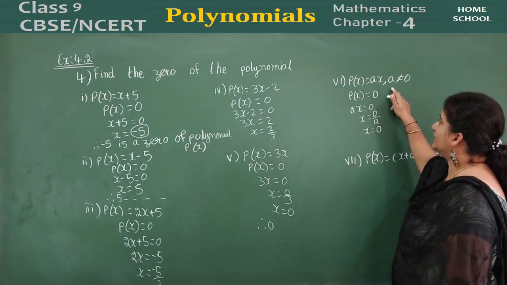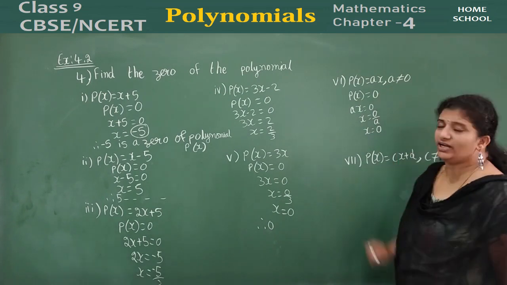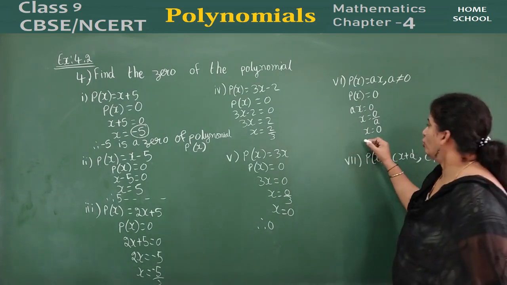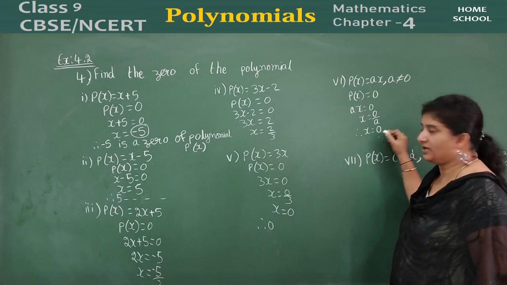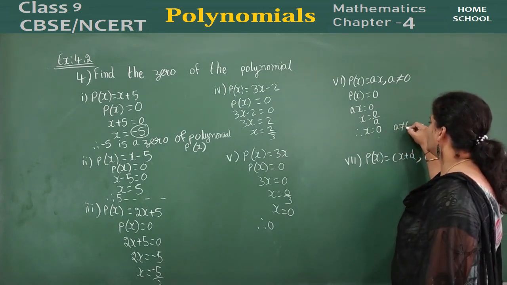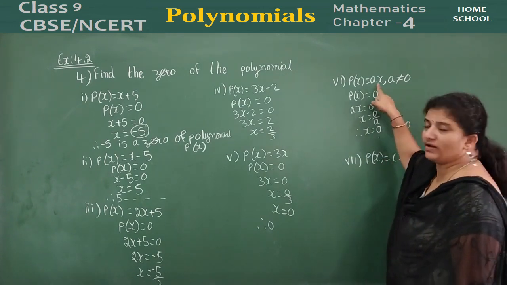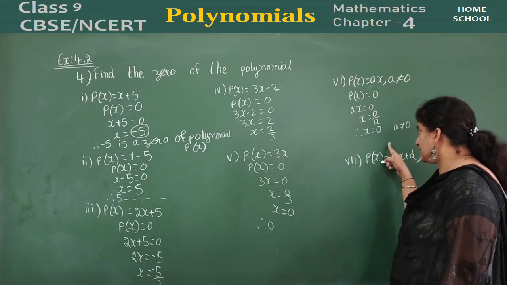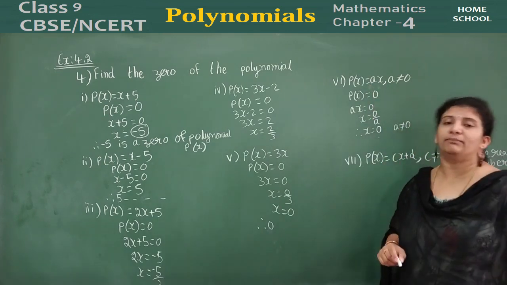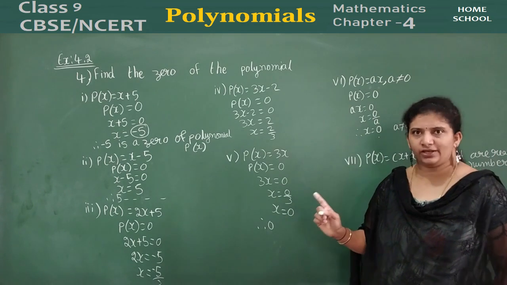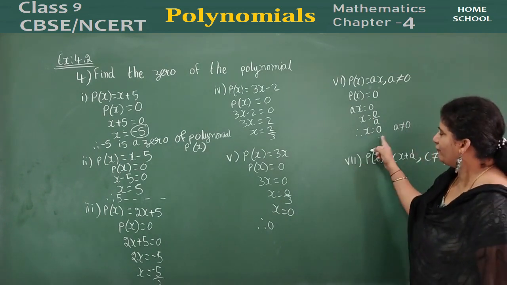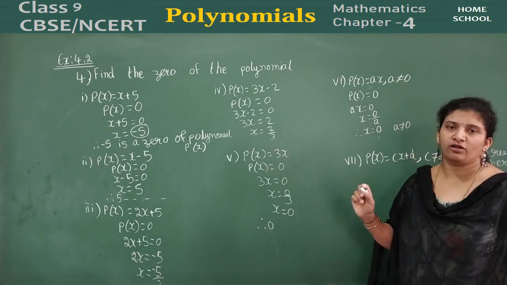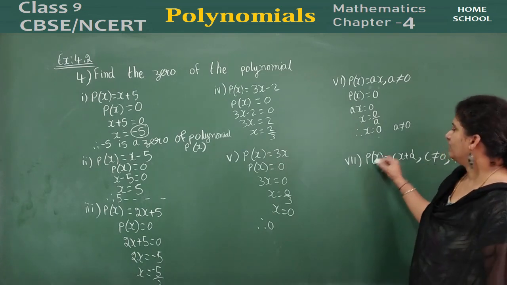The condition given is a is not equal to 0. Therefore, x is equal to 0, children. a is not equal to 0. x is 0 but not a. If x is 0, then the complete term becomes 0. So next one, therefore 0 is a zero of the polynomial P of x.